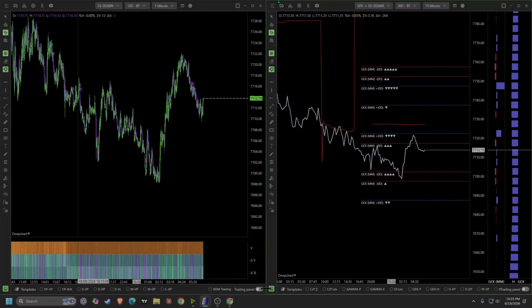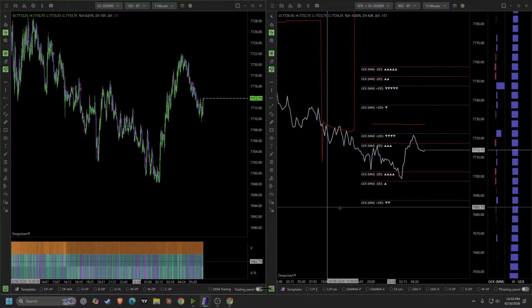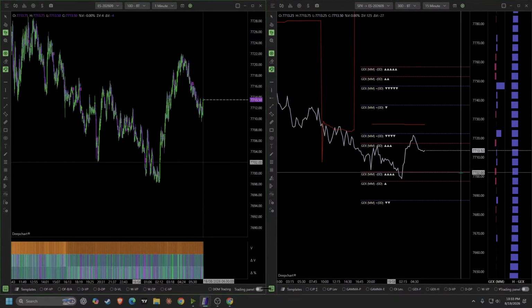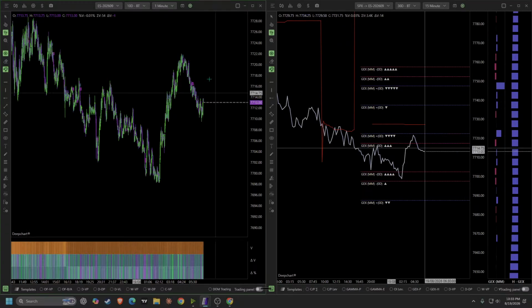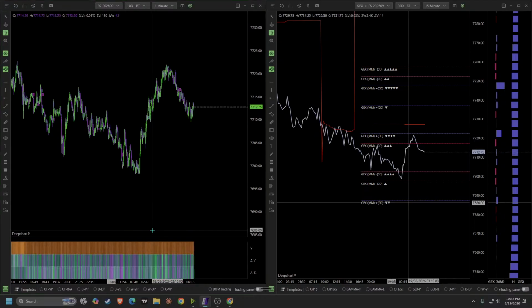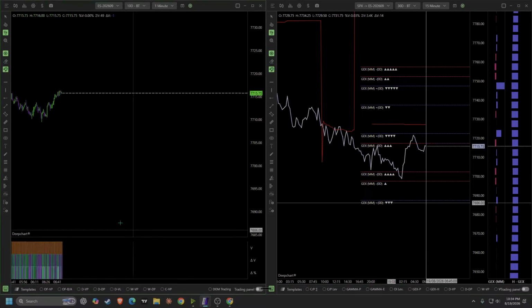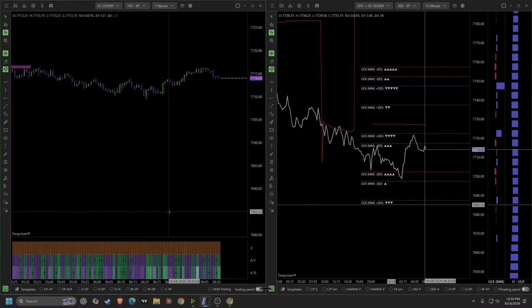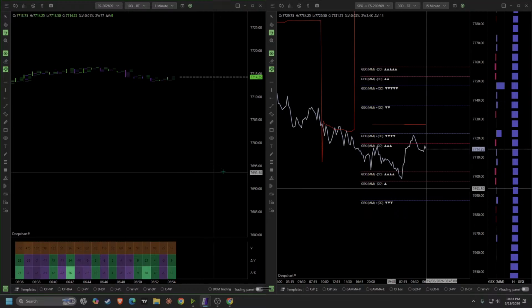Put that on the left, put that on the right. And not too concerned with what's happening. So we're going to speed this up about 100 times. We're going to run it till we get to about 9:30.